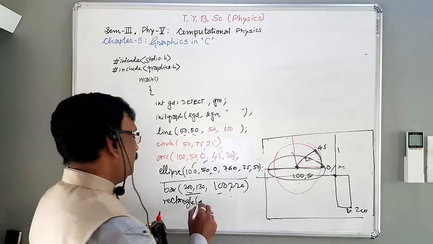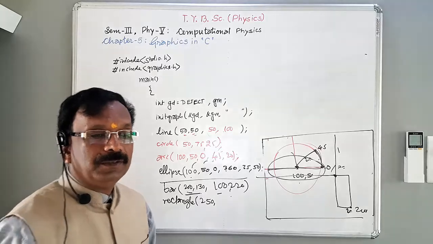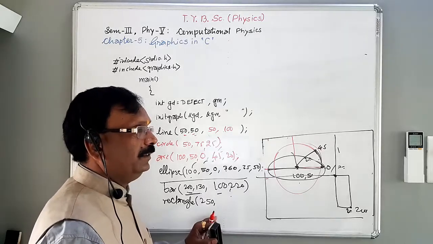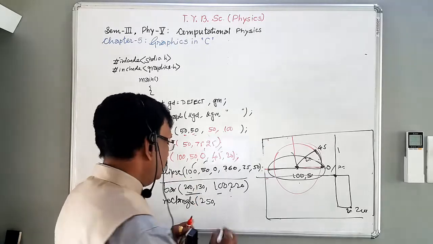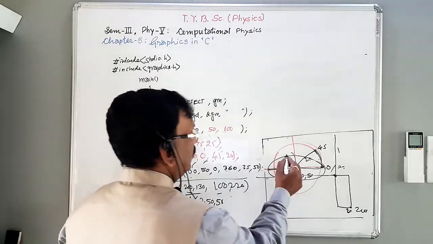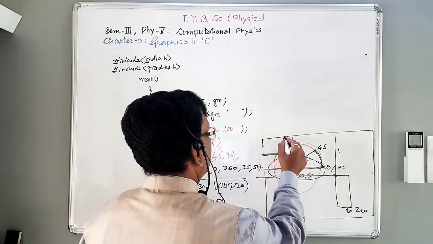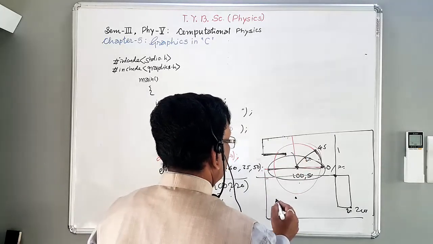Again in rectangle, 250 is the left top, x, integer x or left, and 50 is the top. Suppose this is the point whose x coordinate is 250. Here the point.